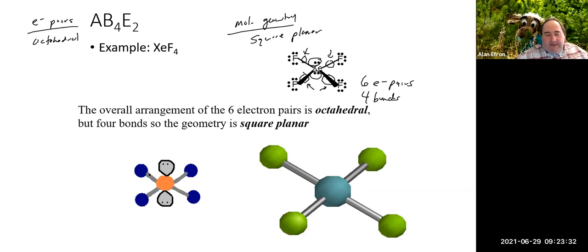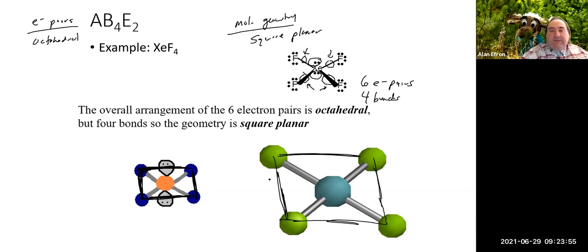You can see it right here: the bonding guys make a square within the plane. So 6 electron pairs and 4 bonds: octahedral for electron pair geometry, and square planar for our molecular geometry.